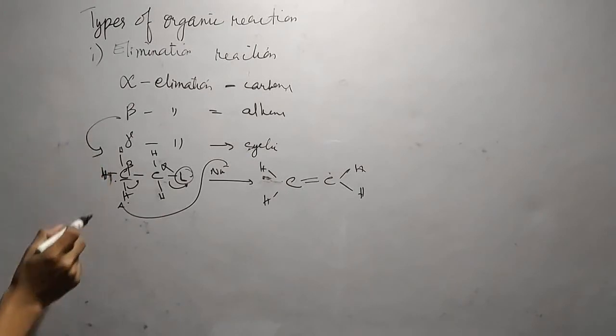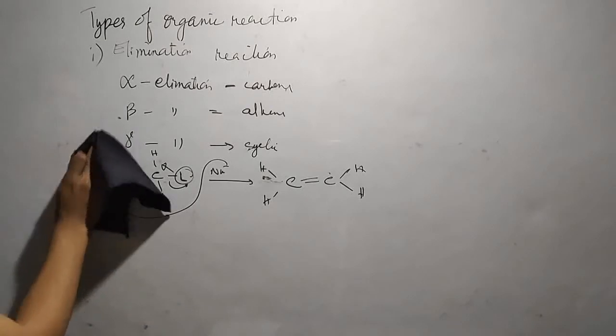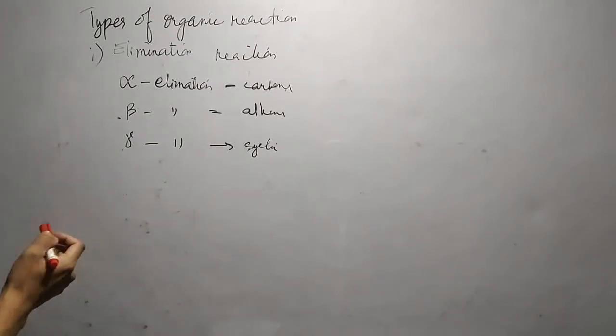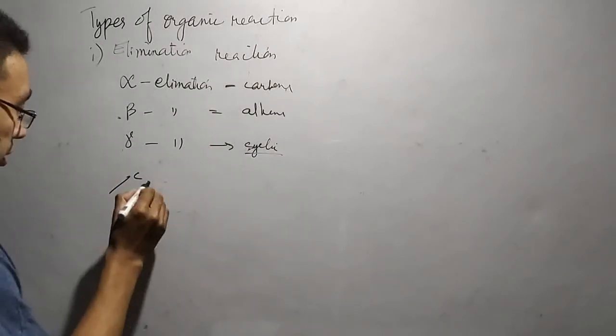Next one is the gamma elimination. Let us see an example. Okay, in gamma elimination they give a cyclic structure. Suppose this is the one.